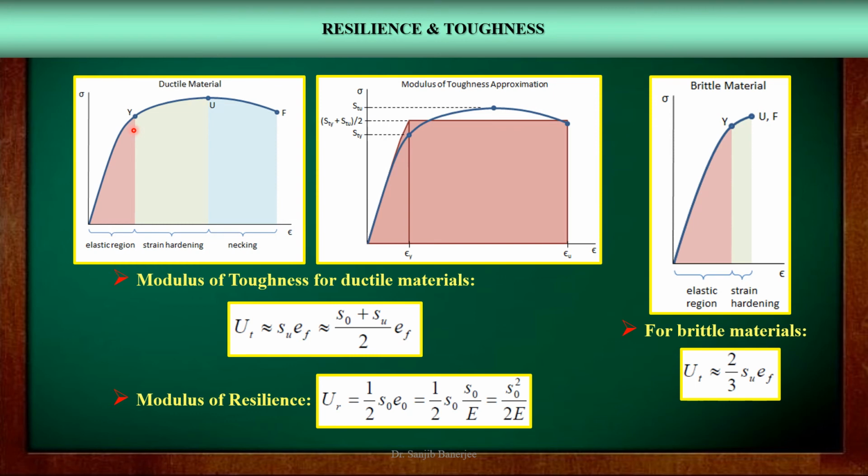Then the curve moves up through the stage of strain hardening up to the maximum strength, which is equal to the tensile strength, which is the start of the necking or the localized reduction in cross-sectional area, and after that, due to necking, the stress-strain curve comes down until fracture.